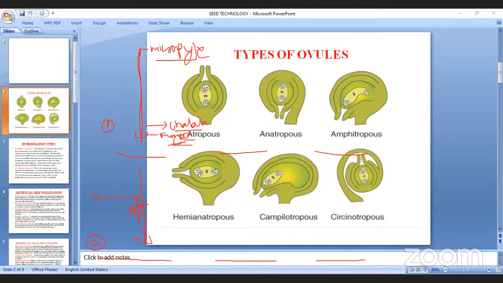Just imagine the ovule turns 90 degrees. So this type is called hemianatropous, example ranunculus. The example is also given in our book.